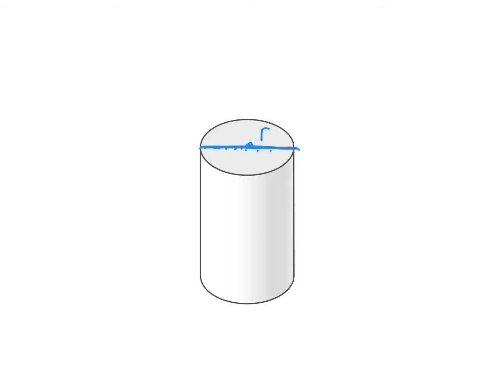So let's erase this and put our radius. Let's say, for example, that our radius on this cylinder is 5 centimeters. And what if we knew that our height on this cylinder was 20 centimeters?